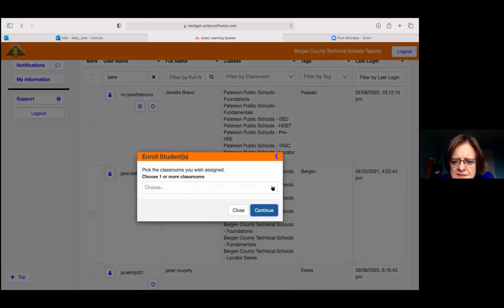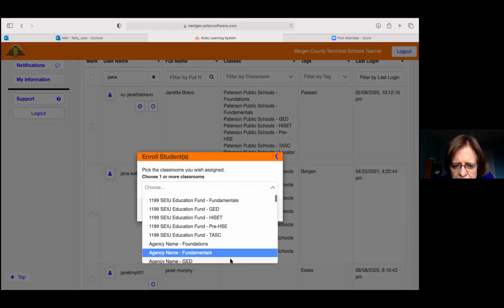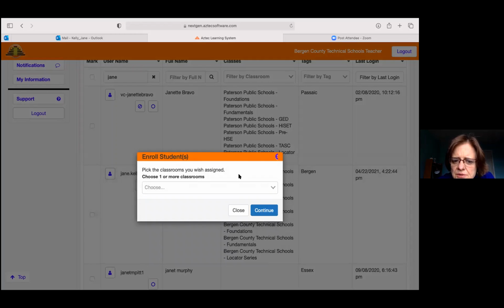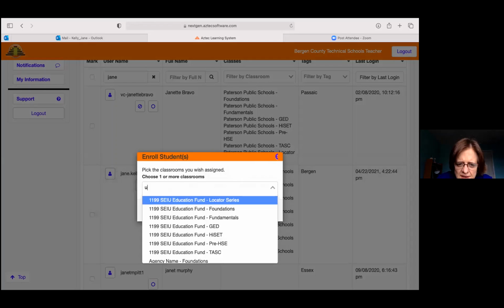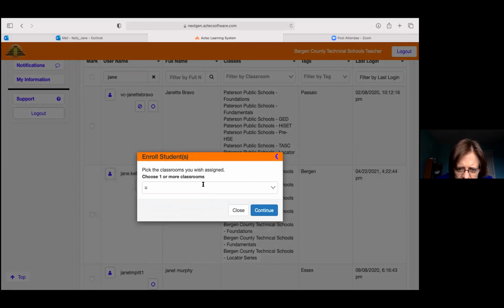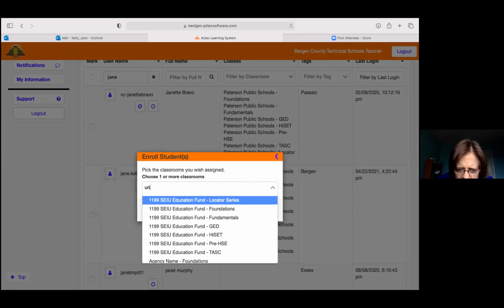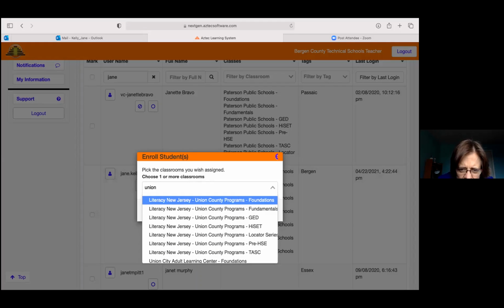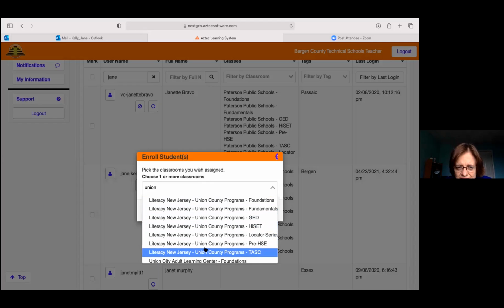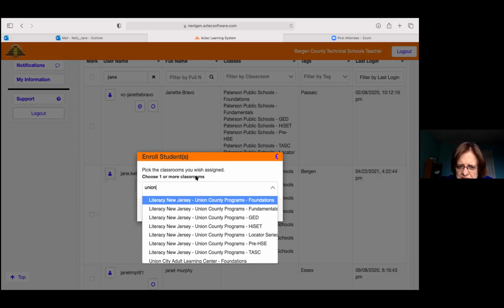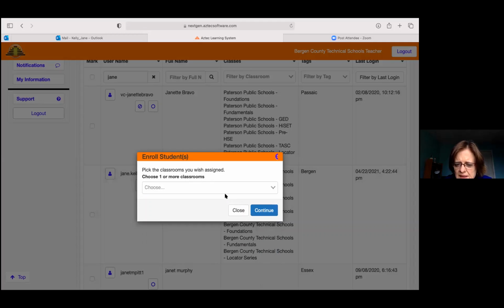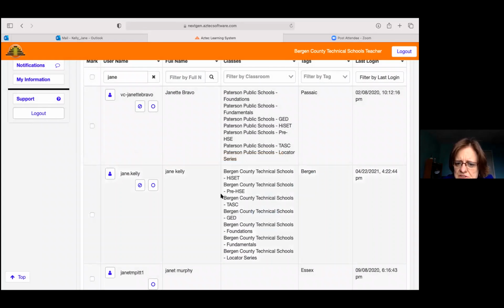Since I'm in Bergen, I usually just look for our stuff. But if you're in Union County, you could type a U. So you don't have to scroll all the way down to find your classes. Make sure you put people in the class in the county, in the program that you work for.